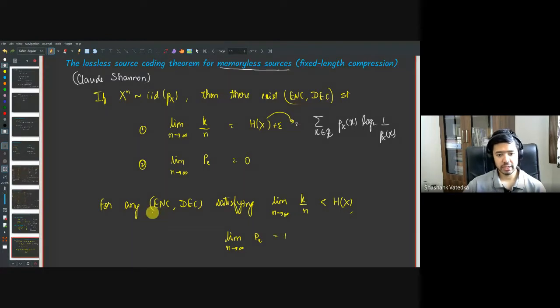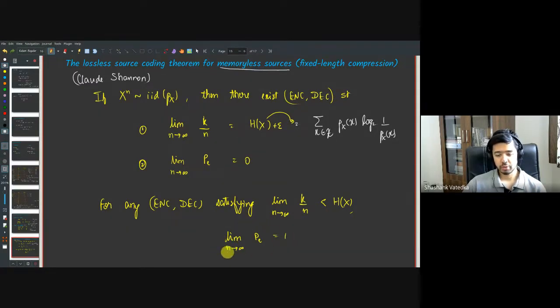If you ever try to construct a compression algorithm, no matter how much computational complexity you put in, no matter how many resources you put in, if the sequence is IID, and if you try to compress this at a rate below the entropy, so no matter how you choose your compression and decompression algorithm, if the asymptotic rate is strictly below the entropy, then the asymptotic probability of error is never equal to 0.